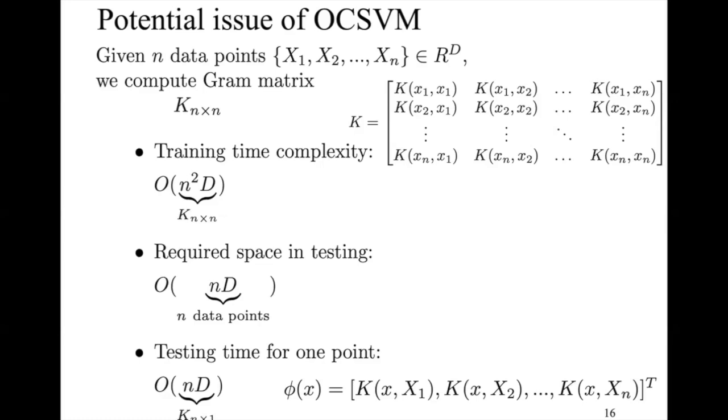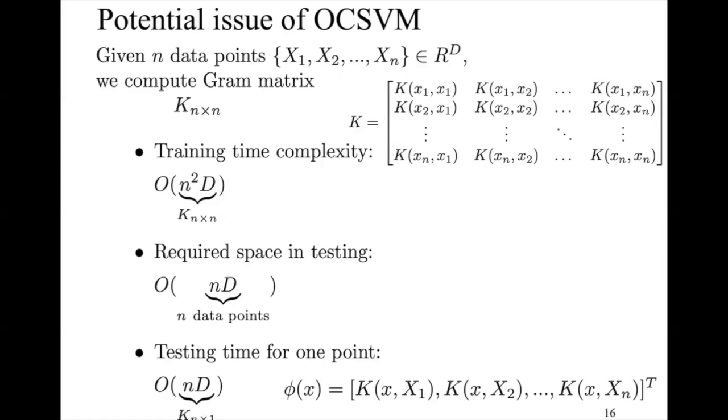After training, when we do the testing, the first thing we need is the data points, or the support vectors, because we need to project the testing data into the kernel space. So we need the n data points, and the space is n times d. When we test a single data point, the time complexity is the same. We project the data to the kernel space, and then find the distance from the hyperplane, so you are either in the positive set or the negative set.